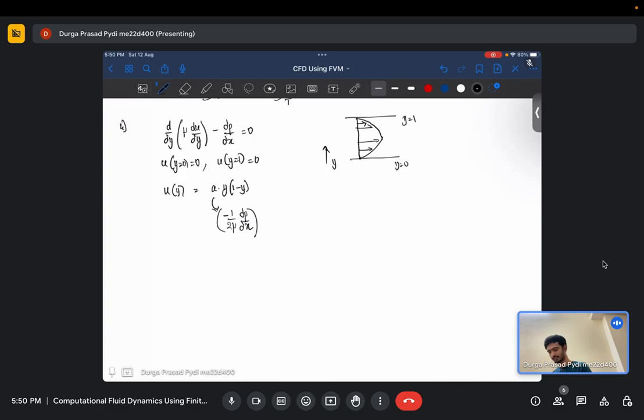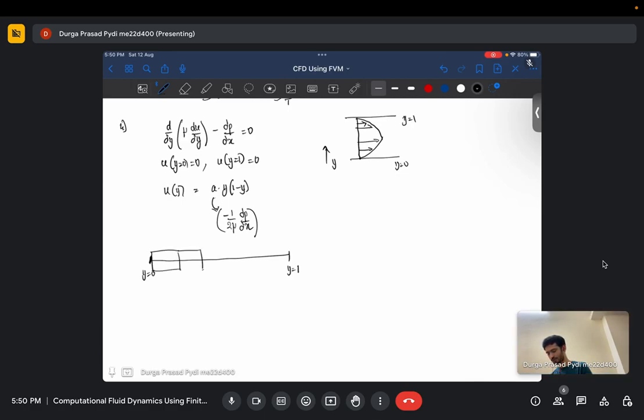So how do we start? The first step is to create your geometry. Just to be consistent with the formulation, you start with this. So this is your geometry, y equal to 0 and say this is y equal to 1. The next step is to discretize it.